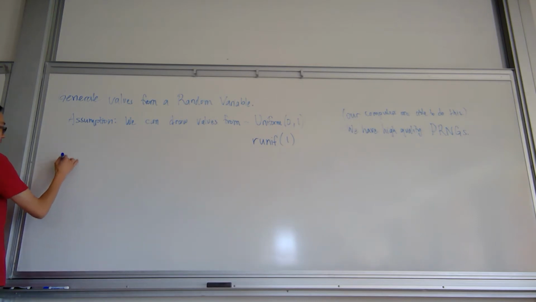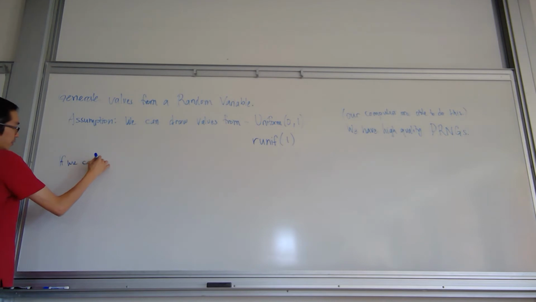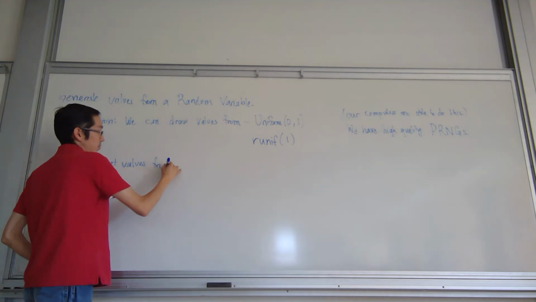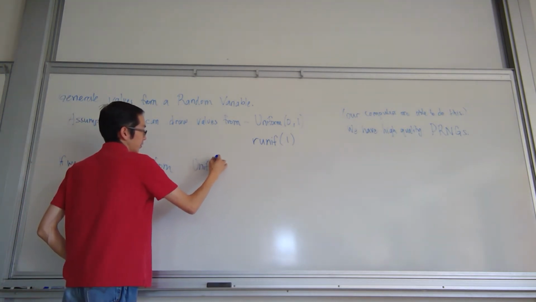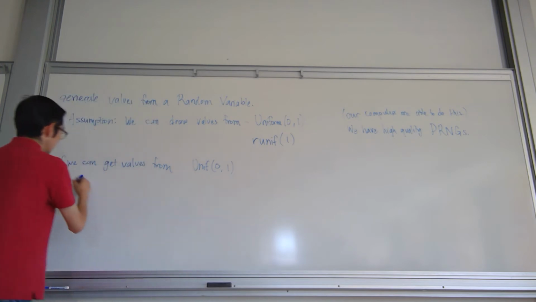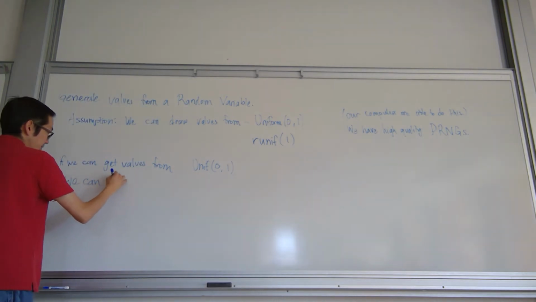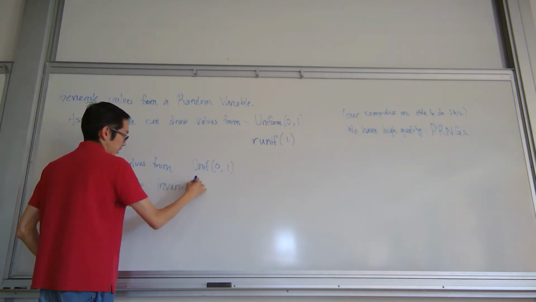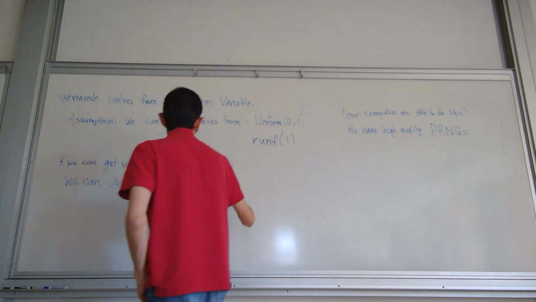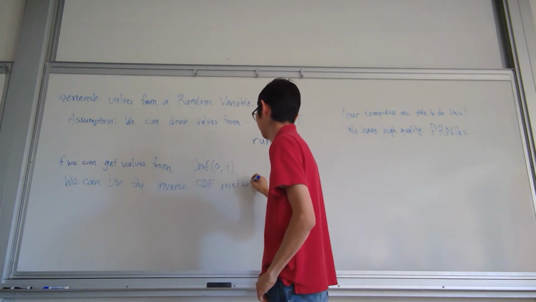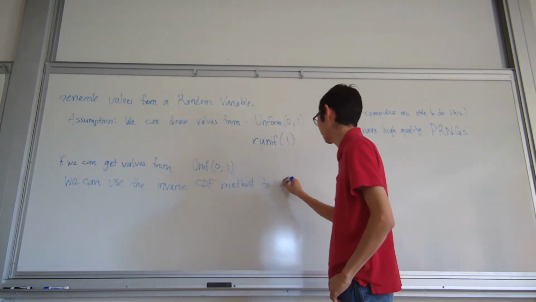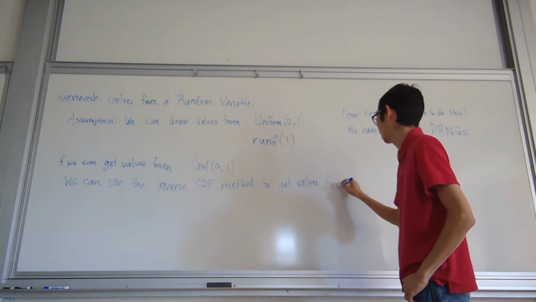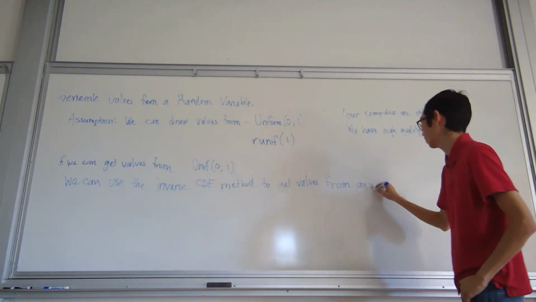So if we can get values from uniform 0, 1, we can use the inverse CDF method to get values from any distribution.